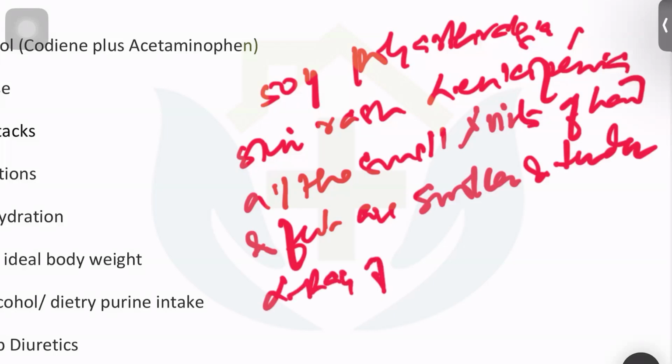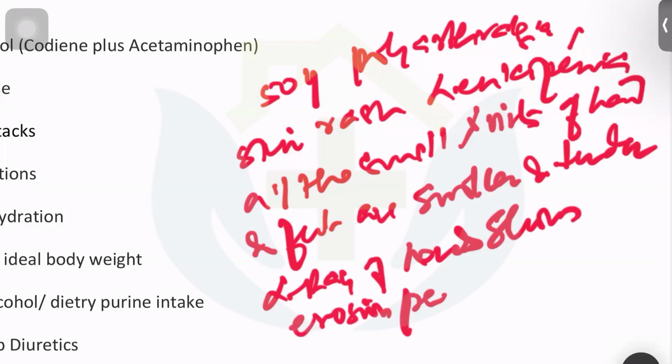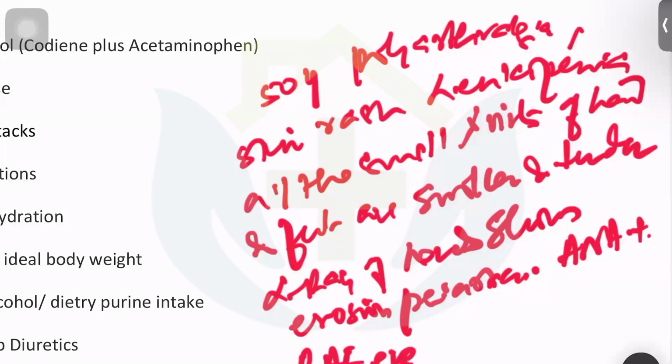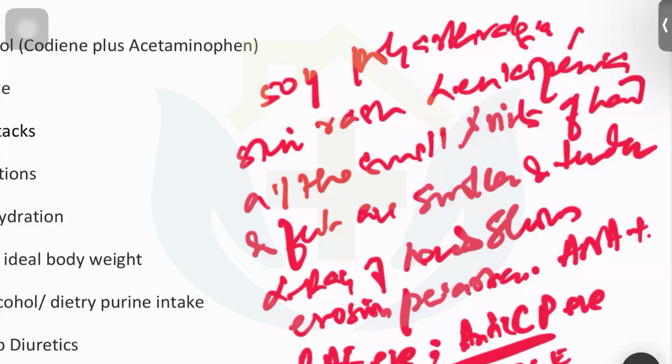X-ray of hands shows erosions, periarticular region. ANA is positive. Rheumatoid factor is positive. Anti-CCP is positive. What is the diagnosis? First answer will be SLE. Second will be rheumatoid arthritis. Third will be Sjogren.